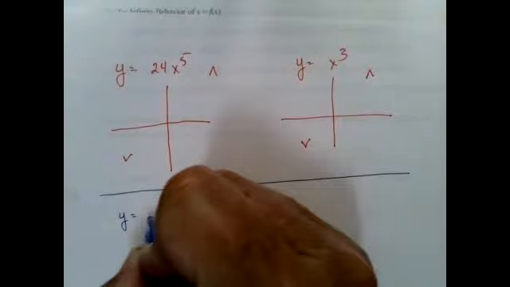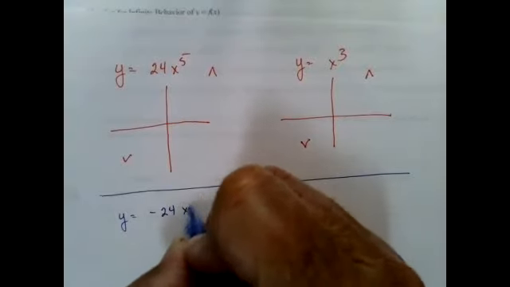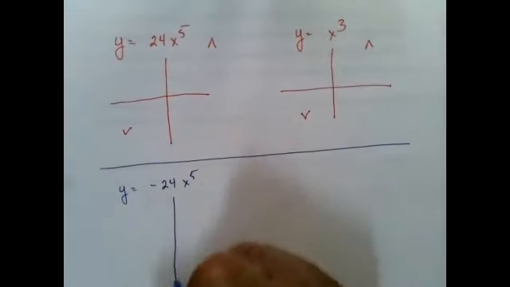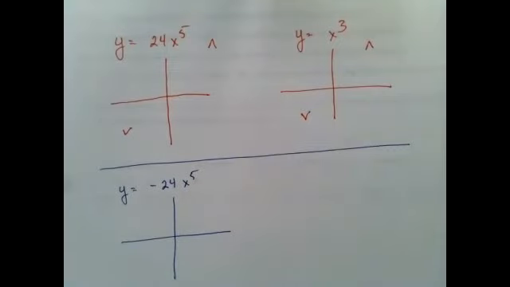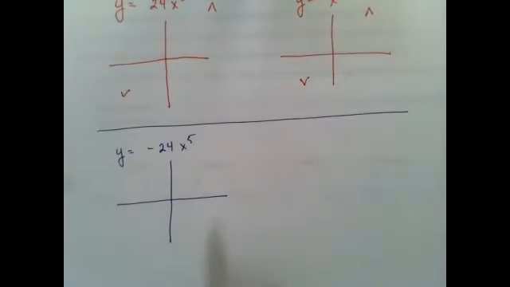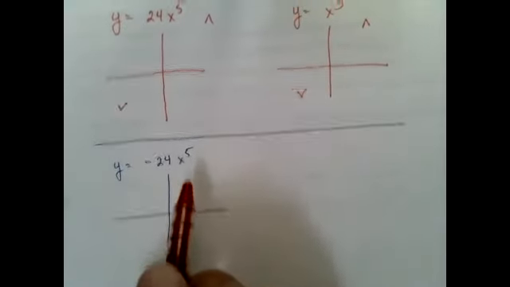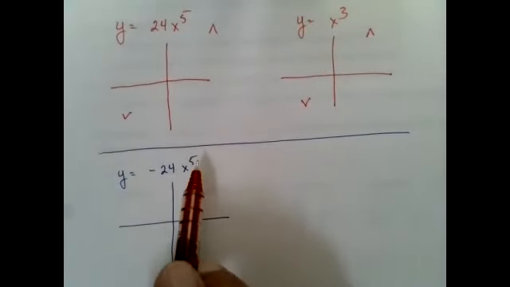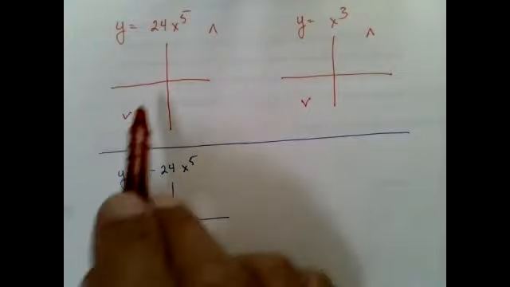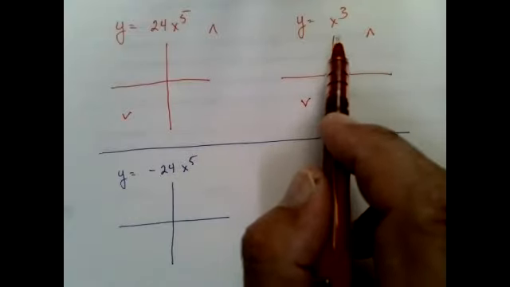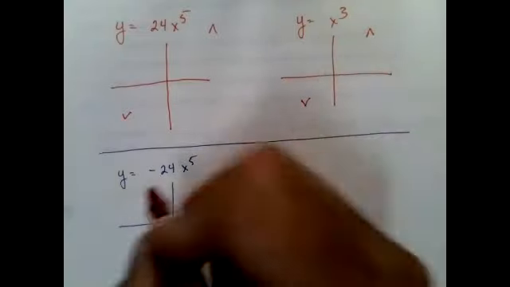Y equals negative 24x to the fifth. What do you think the end behavior of that's going to be? Again, it's an odd function, but this time it's not going to act like x cubed. It's going to flip it. Good.